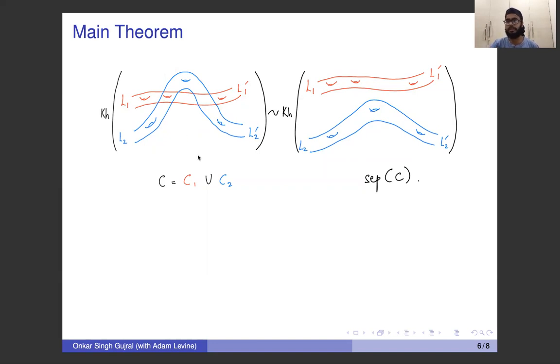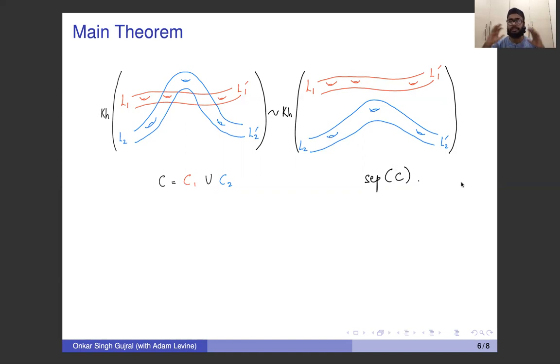So we have a non-split cobordism between split links. And on the right-hand side, what we've done is we've just separated the red and the blue components from each other entirely. That is, you first draw out the red component, and then, while forgetting the blue component, you draw out the blue component below it.